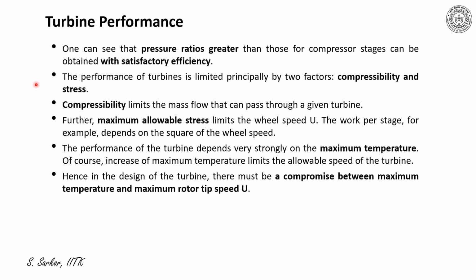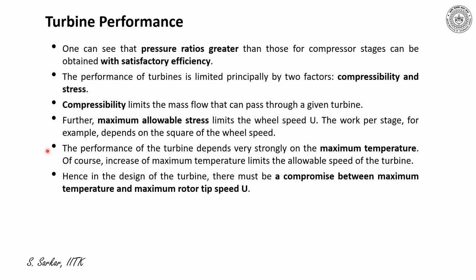One is compressibility and other stress. The compressibility limits the mass flow rate through the turbine, and maximum allowable speeds limit the wheel speed. Furthermore, work done per stage, for example, depends on the square of the wheel speed.